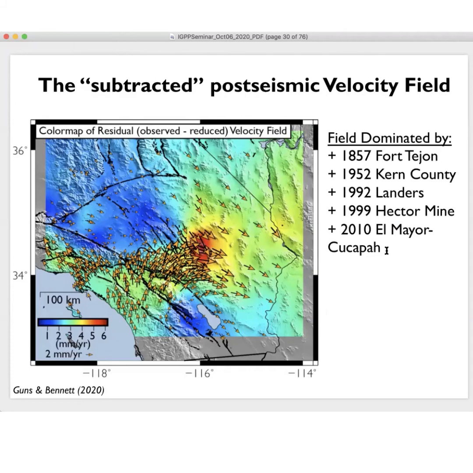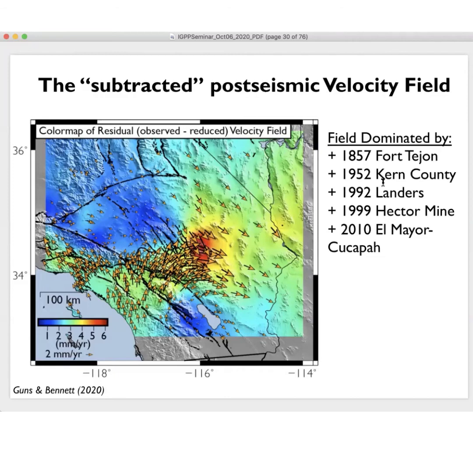So again, not a huge shock that the 2010, the 1999, and 1992 earthquakes are still dominating the field. You can just look at the Eastern California shear zone, southern Mojave here, and see that's exactly where Landers and Hector Mine happened, right? So no big shock that those are still having pretty large post-seismic displacements.